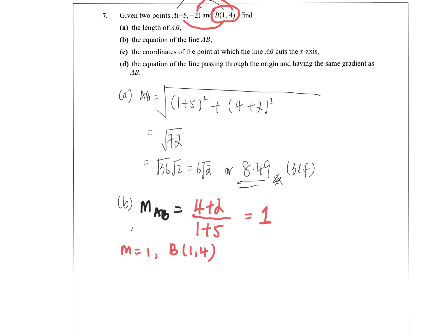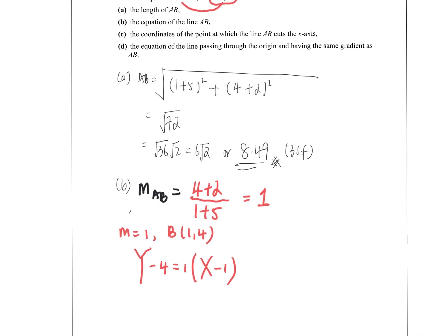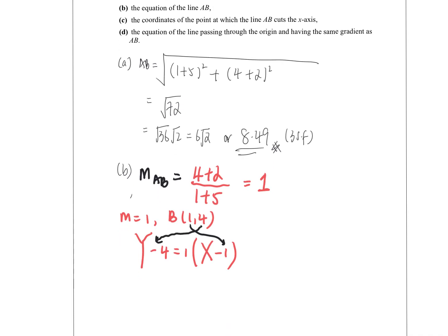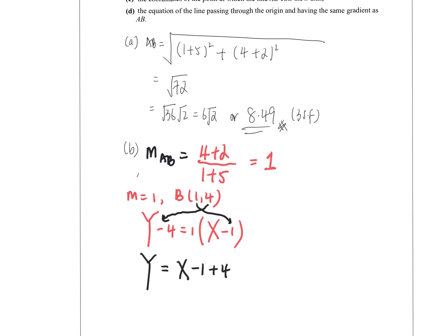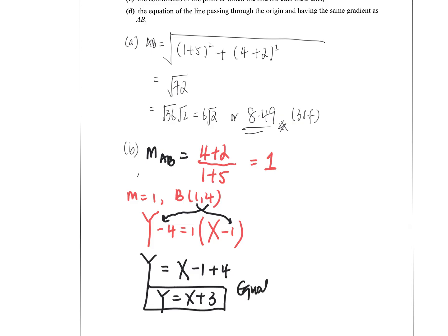Use the formula big Y minus small y equals gradient times big X minus small x. Or you can get your equation straight away. So y equals mx plus c. So it is y equals x plus 3. This is your equation of the line AB.